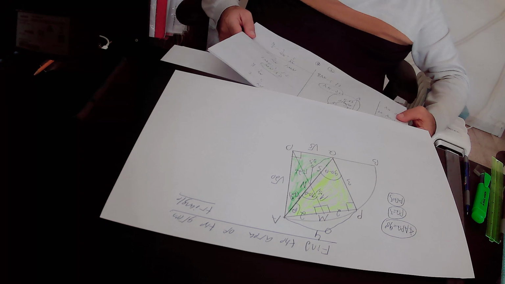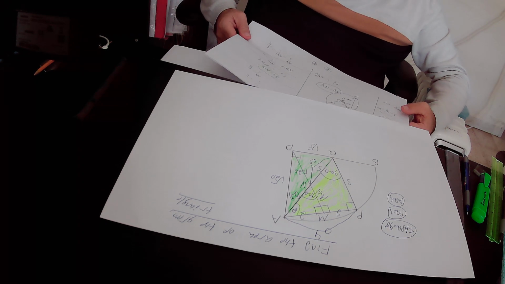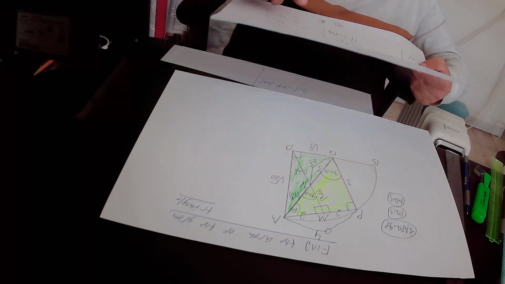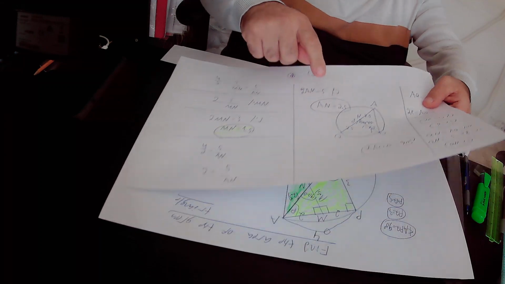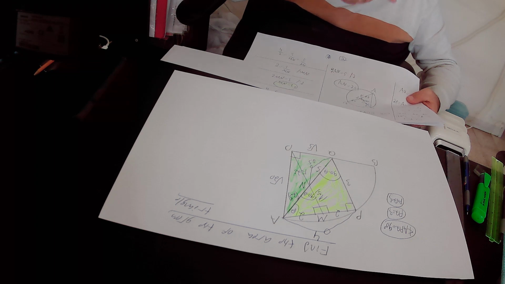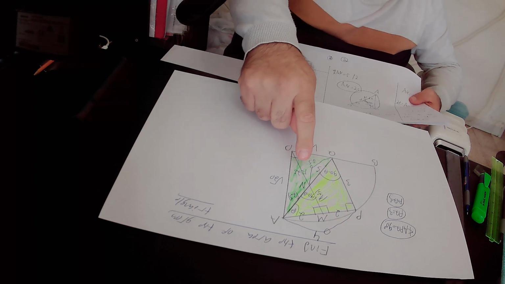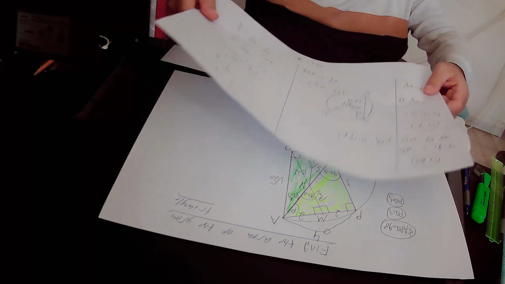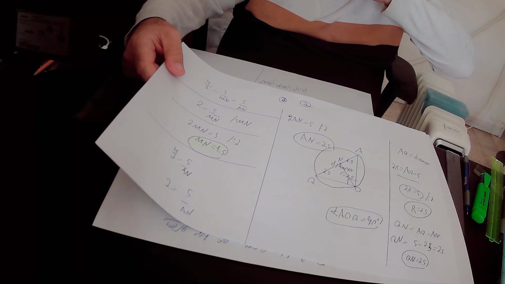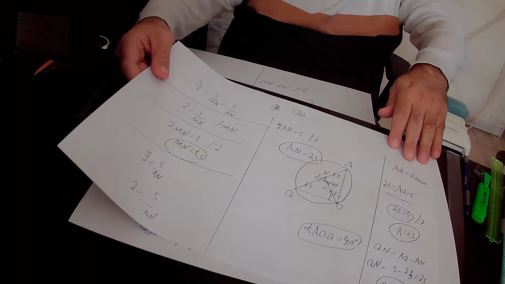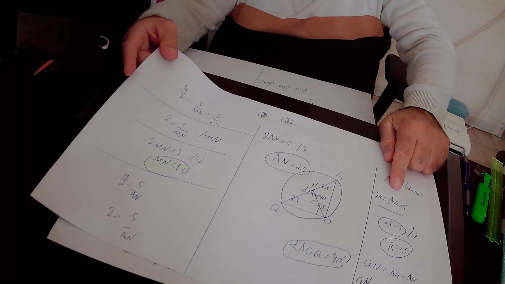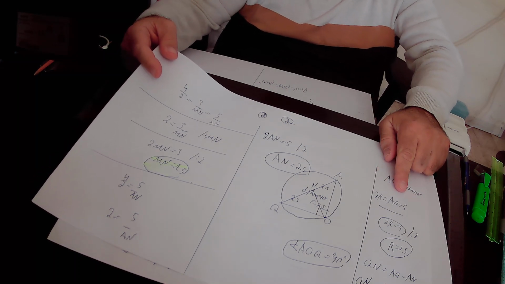Okay? And we found out that QA is the diameter of the circle, QN equals 2.5 and NA equals 2.5. The diameter of any circle is 2 times the radius. So QA equals 5 units according to the question.